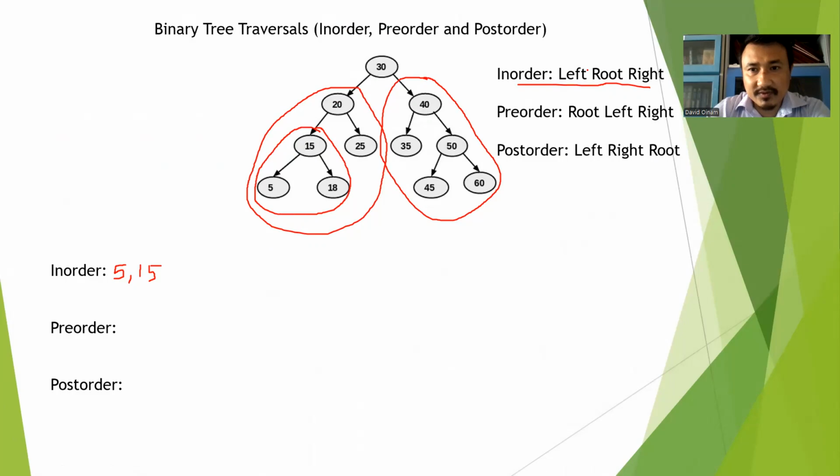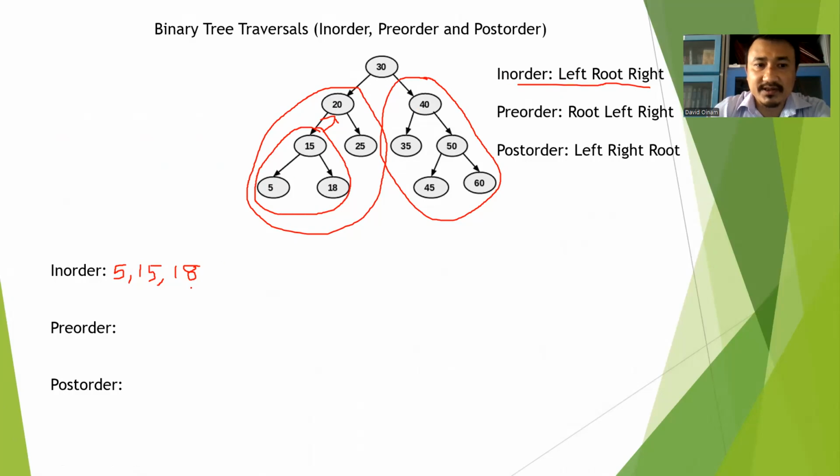Then left and root are completed. Next is right. For this node, the right is 18, so we write 18. This part is completed. Then we backtrack to the node 20, which becomes the root node. The left side is fully completed, so it moves to the root.